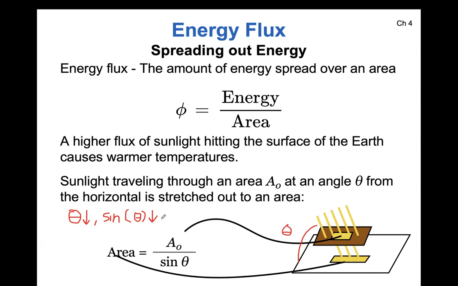As sine theta becomes smaller, since the area in the numerator is a constant, it cannot change in our explanation, because it's whatever area the light's passing through in outer space, essentially. All the sunlight has to come from somewhere, and that's what A naught is.